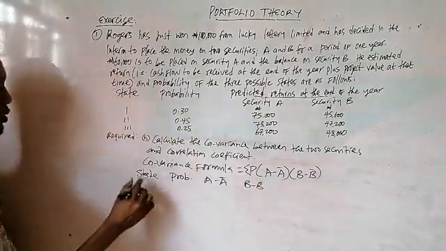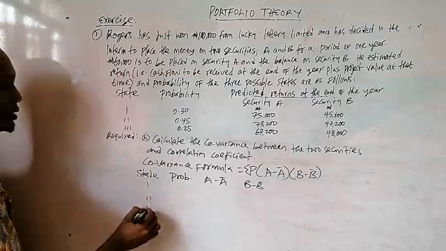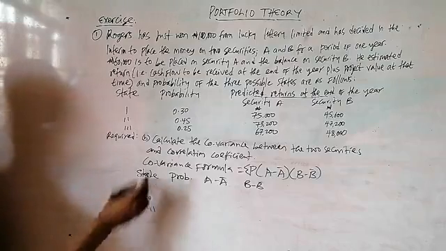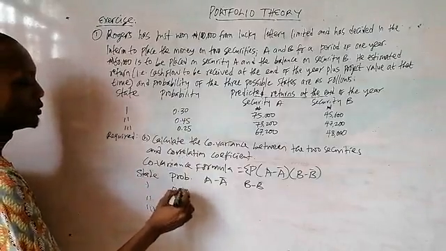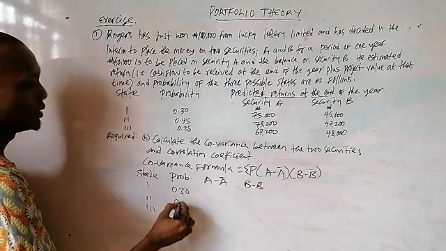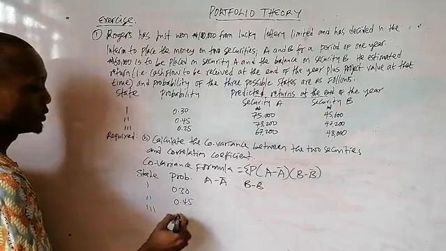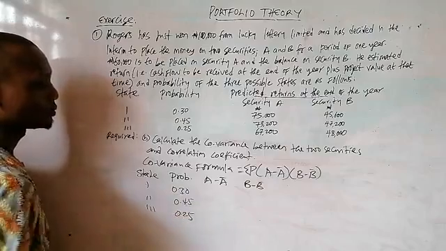So the states are state 1, state 2, state 3. They share the same probabilities: 0.30, 0.45, and 0.25.